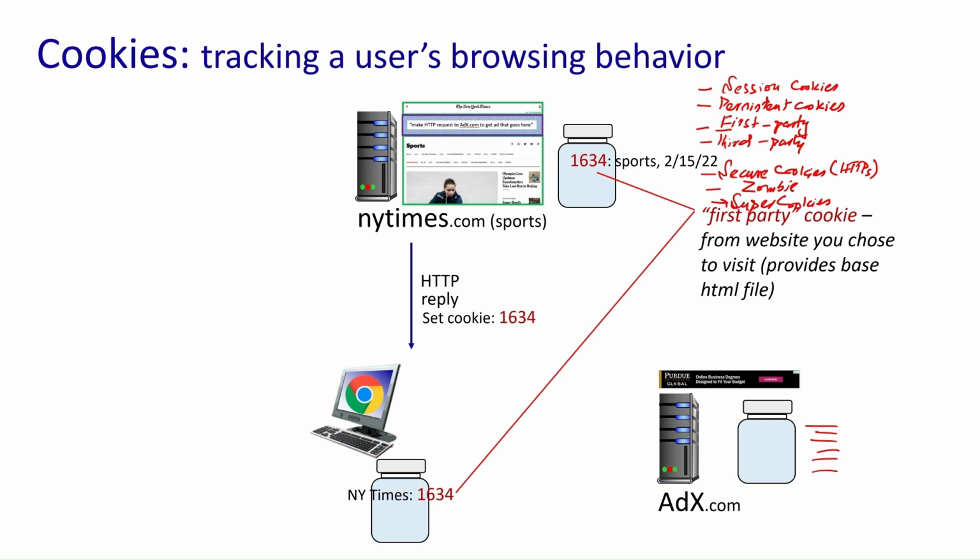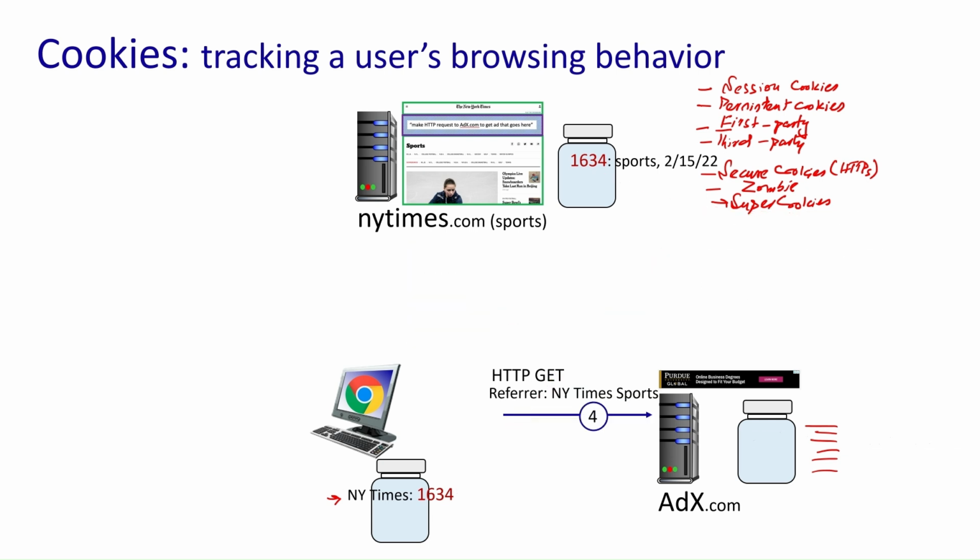Okay, there are other types of cookies, but these are the most prominent ones. So the cookie that is maintained by the New York Times, the website that we choose to visit, is known as a first party cookie. In the HTTP reply, we receive this cookie and we record this entry into our local file, noting that this is the cookie signed by New York Times.